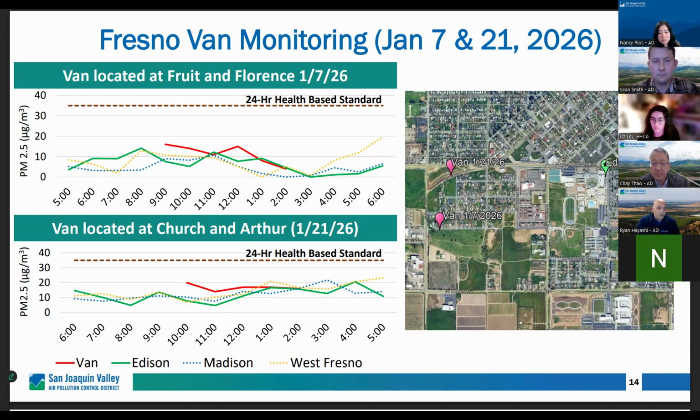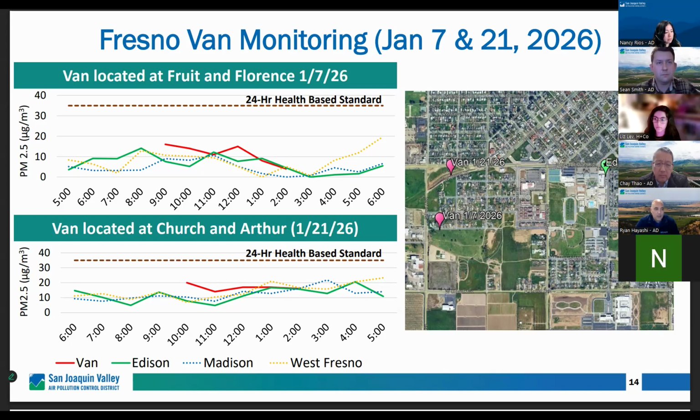With taking the van out on different days, we were really looking to see if there were spikes in that area that would be reflective of maybe a source component leading to increased emissions. And at least in this initial look at it, we're not seeing that, which I think is a good thing.